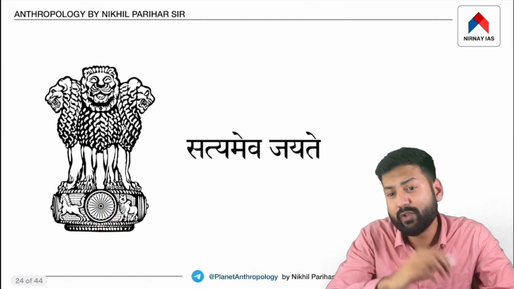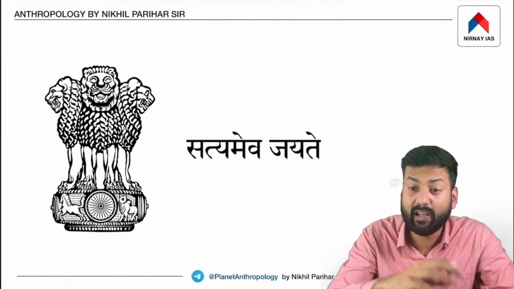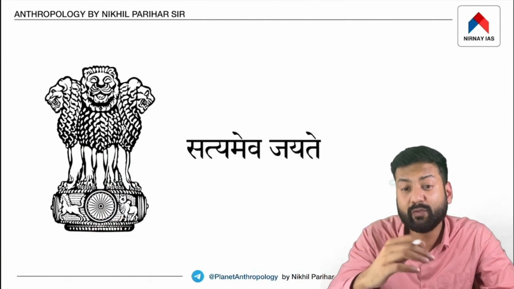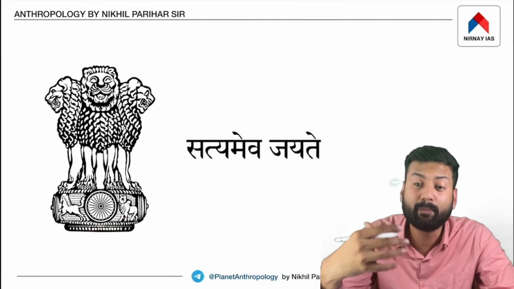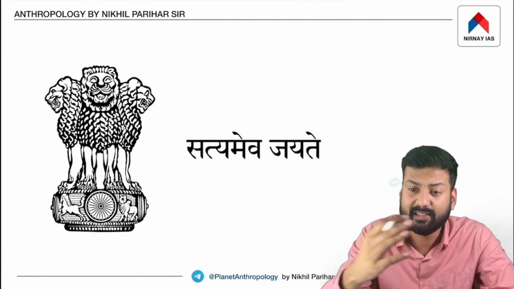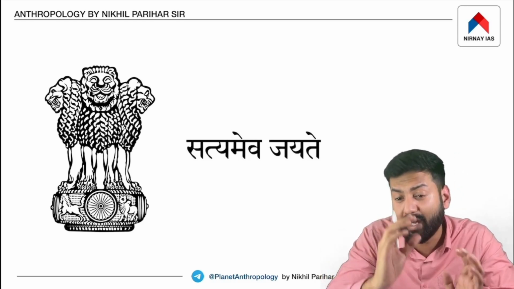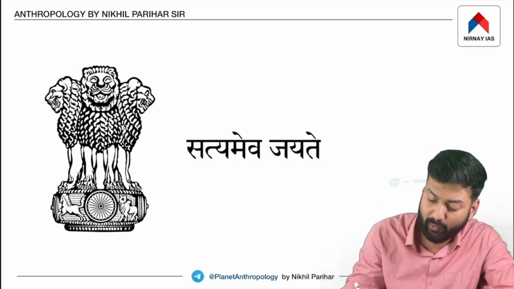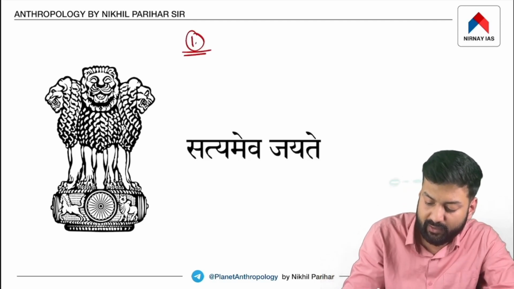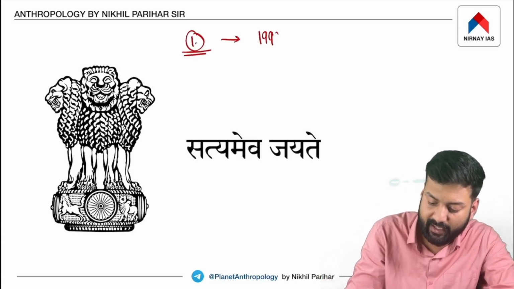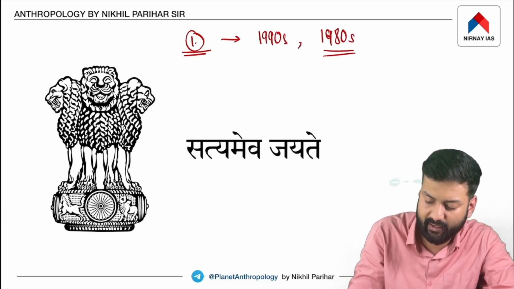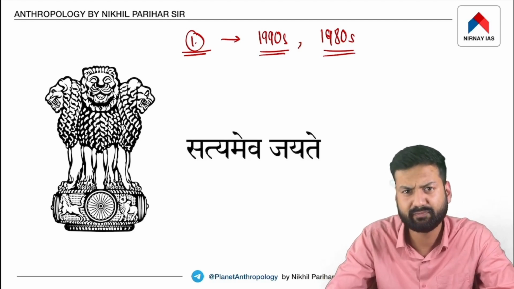But there are some issues with these standard books, because of which standard books are not very prevalent in anthropology as compared to other optionals such as geography or sociology, where standard books are the foundational resources. Why? Because number one, most of these resources were written in the 1990s and 1980s.